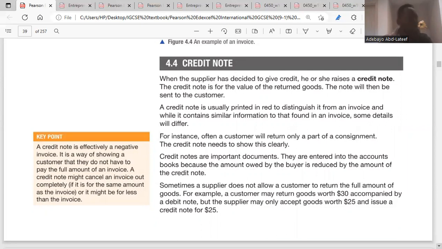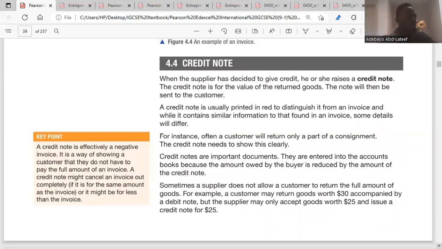Do you get it? So that means the customer is returning a certain quantity of the product he or she has bought from the supplier. So instead of paying the full amount originally on the invoice, the customer will be paying the amount left when the returned goods have been deducted from the original invoice.